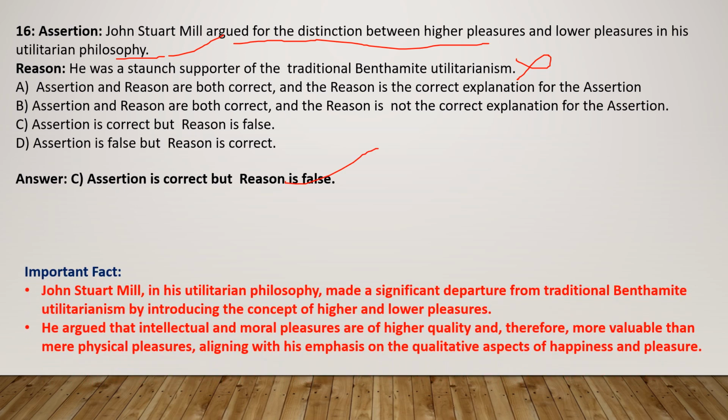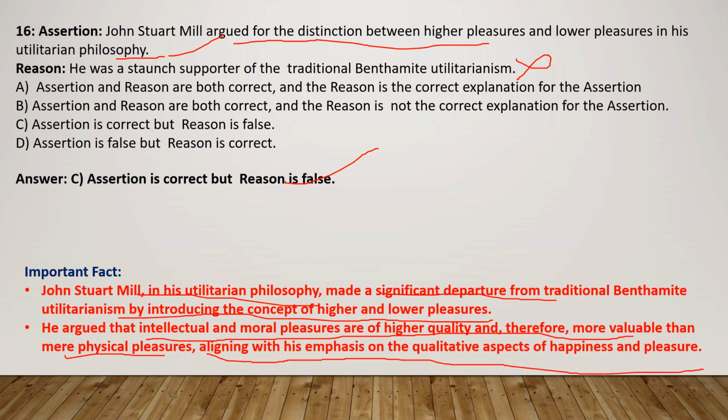Option C. John Stuart Mill, in his utilitarian philosophy, made a significant departure from traditional Benthamite utilitarianism by introducing the concept of higher and lower pleasures. He argued that intellectual and moral pleasures are of higher quality and therefore more valuable than mere physical pleasures, aligning with his emphasis on the qualitative aspects of happiness and pleasures.